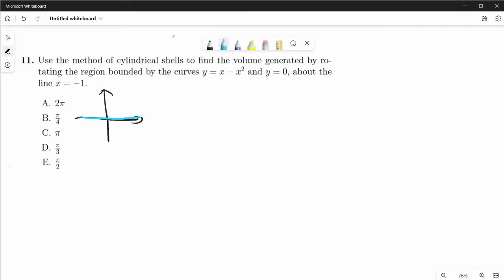The quadratic has a negative term on the square, so it opens downwards. We think about the axis of symmetry. It's negative b over 2a, so we have negative 1 over 2 times negative 1, that's a half.